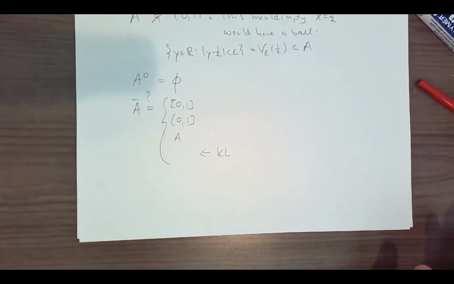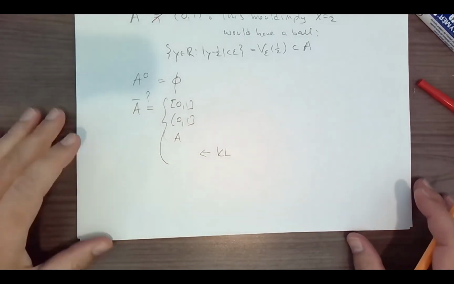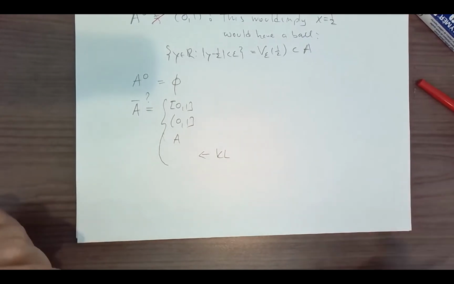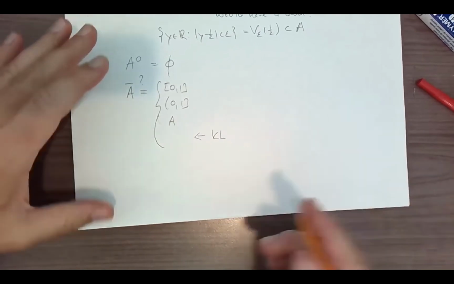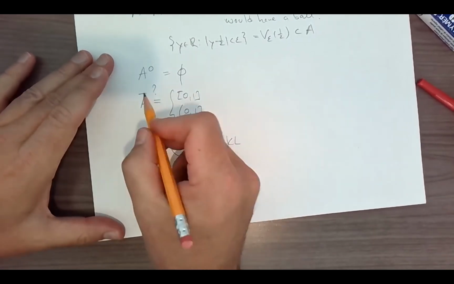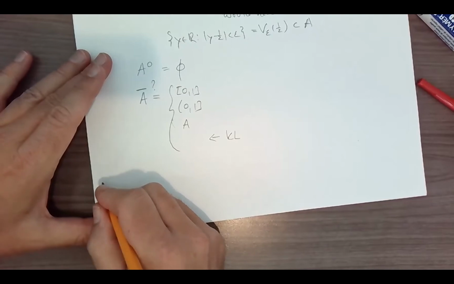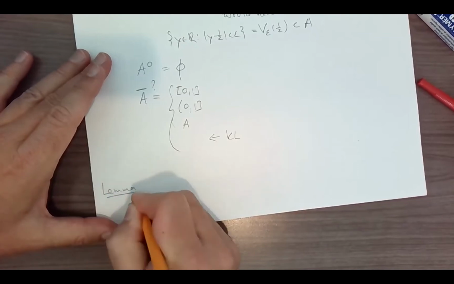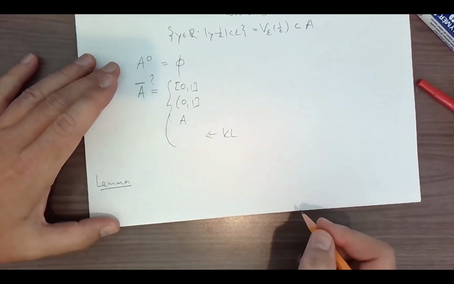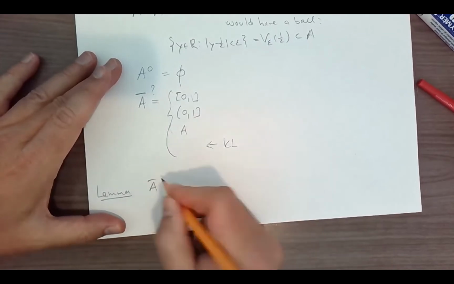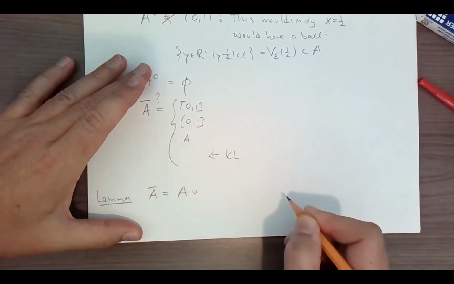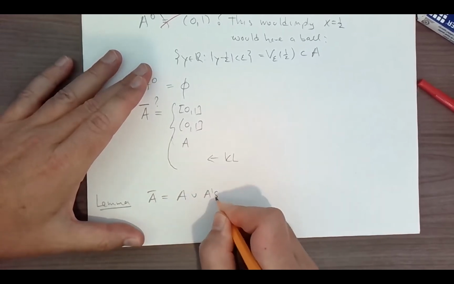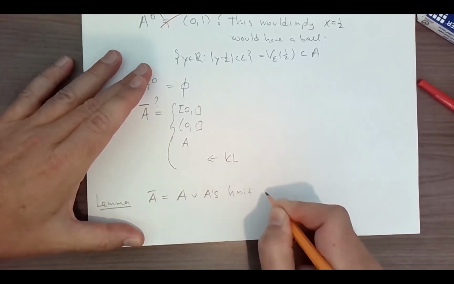Right. Why did we do these limit points? One way to describe the closure is as a lemma: A's closure equals A union A's limit points.